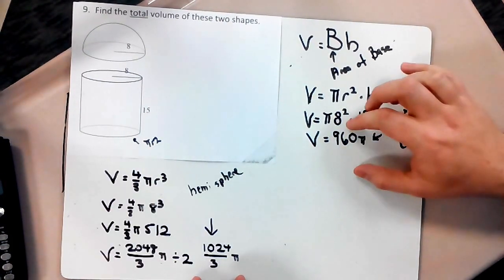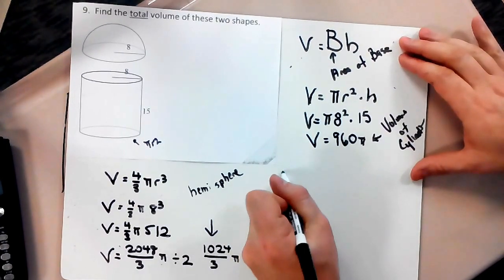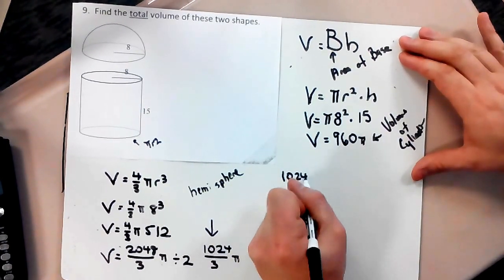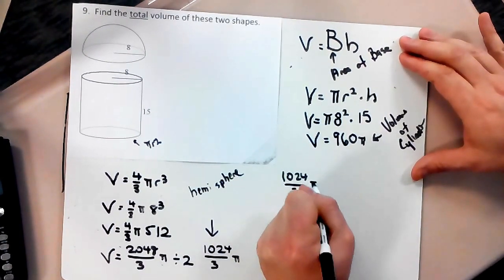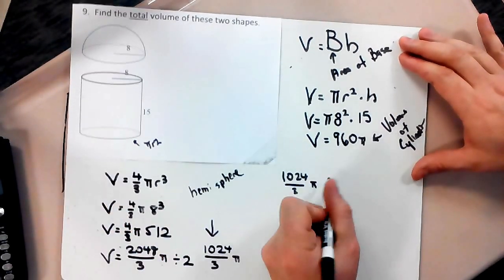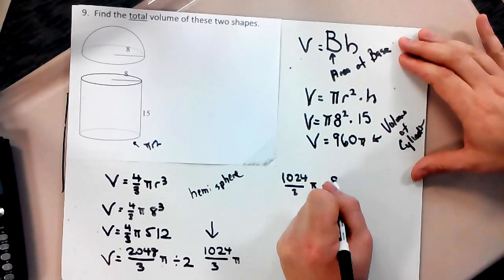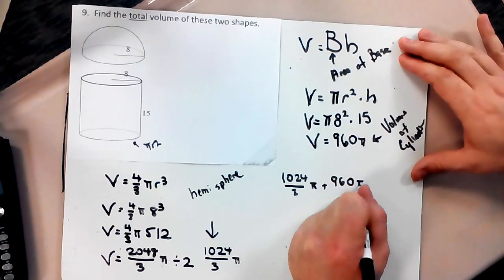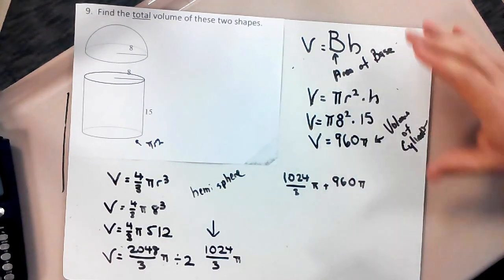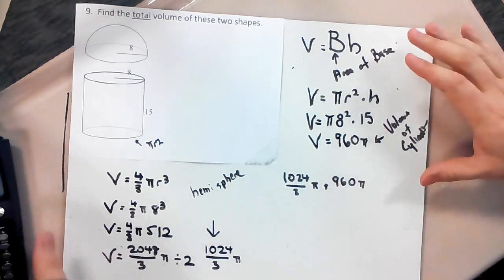I'm going to add these two. I'm going to add 1024 over 3 pi, which is the volume of the hemisphere, plus the volume of the cylinder. And just like before, pi comes along for the ride.